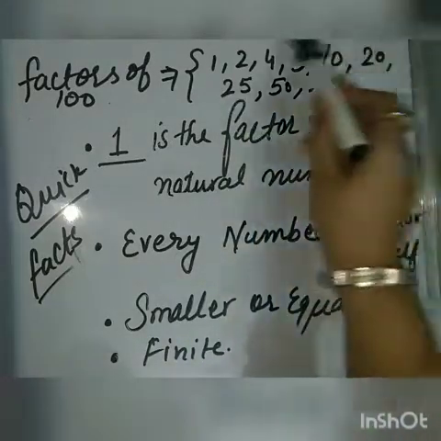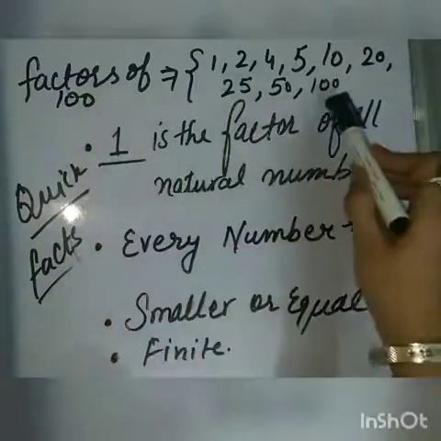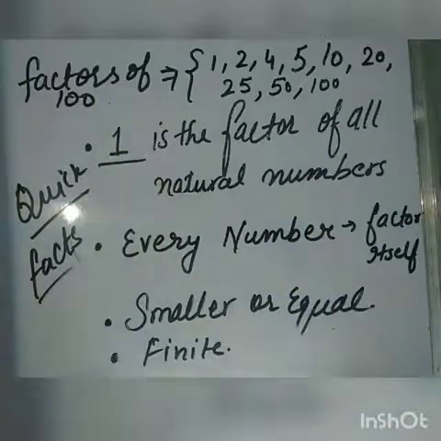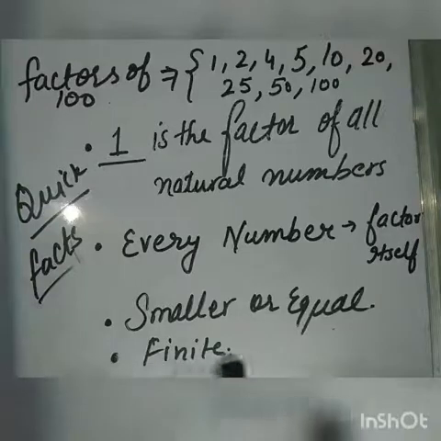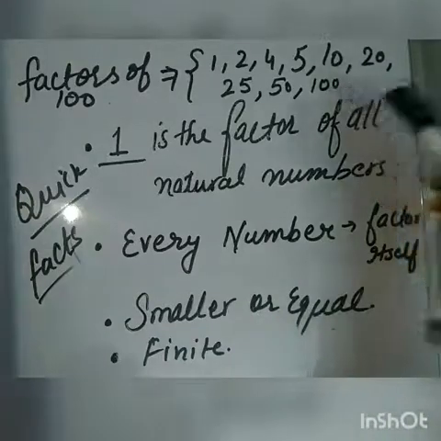All the factors of 100 are smaller than 100 and only one factor, 100, is equal to 100. Since a factor is less than or equal to the number, these are finite in number. It means the factors of any number can be counted.